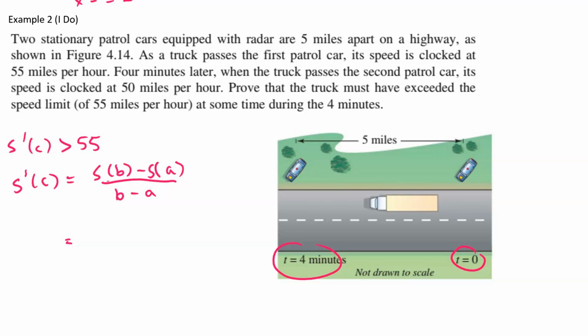But we're interested in having our speed in miles per hour. So we need to convert our b and a to hours. So if we've got 4 minutes, we divide by 60 to get hours. 4 over 60 is the same as 1 over 15. So I've got my starting time of t equals 0 and my end time of 1/15 of an hour.